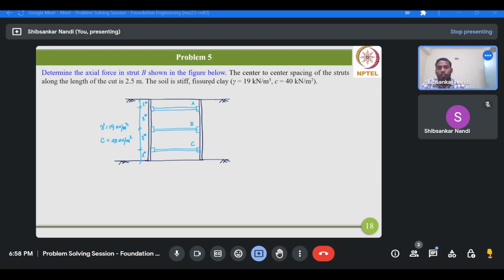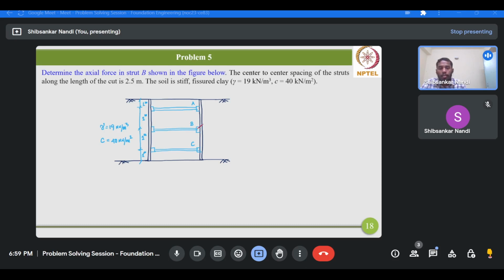The soil is stiff fissured clay, the unit weight of the soil is 19 kilonewton per meter cube, and the cohesion of the soil is 40 kilonewton per meter square. So this is the geometric configuration of the braced excavation, as you can see. This excavation is supported by 3 struts at different levels, strut A, strut B, and strut C, and we have to determine the axial force in strut B.